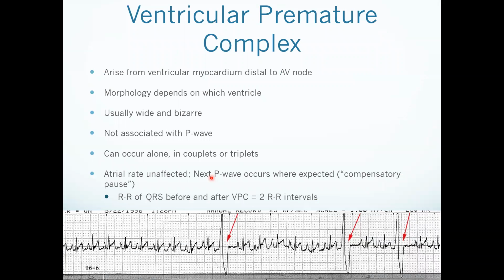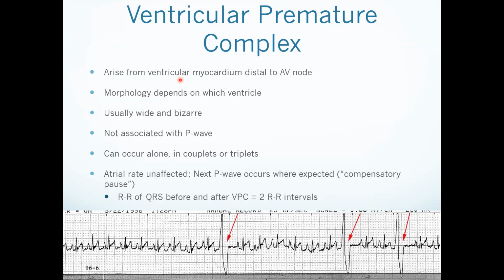So then looking at some ventricular ectopic beats, or premature beats are simply one type of ventricular ectopic beat. Ectopic just means that it's arising outside of the normal conduction pathways. We're going to specifically talk about VPCs tonight, but this is also going to be pretty true for ventricular escape beats. The morphology is going to be pretty similar for a lot of them. Obviously they're going to arise from the ventricular myocardium below the AV node, and depending on how far below the AV node they arise, the morphology will look closer and closer to a normal QRS.